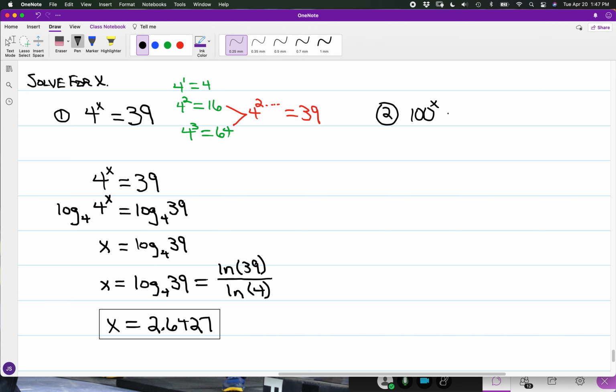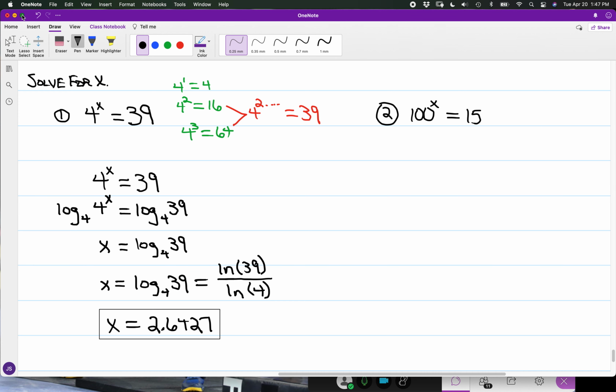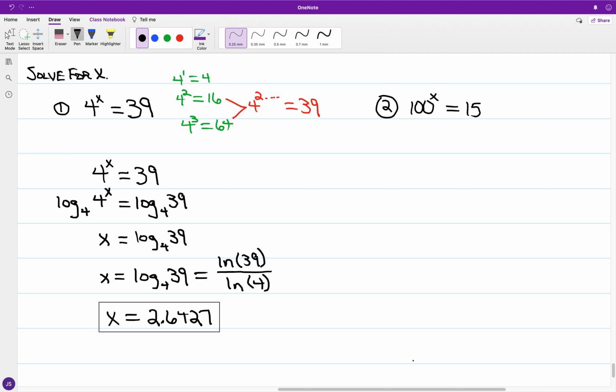Okay, so you have 100 to the x is equal to 15. Now 100 is a non-zero number, and a non-zero number to the 0 power is equal to 1. Now we've got 100 to the first is equal to 100.